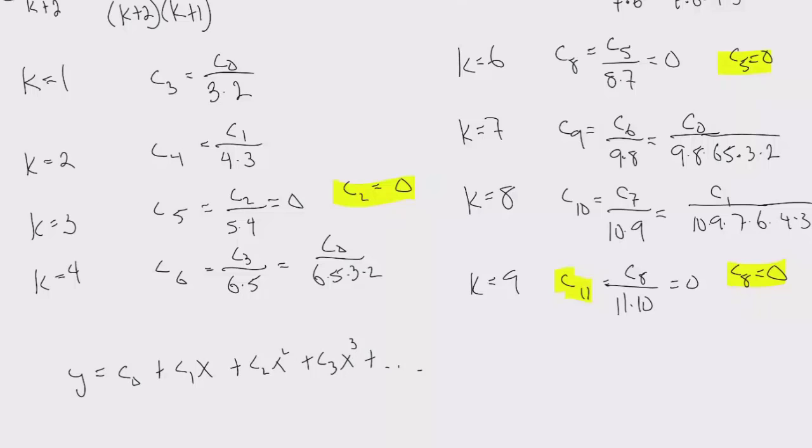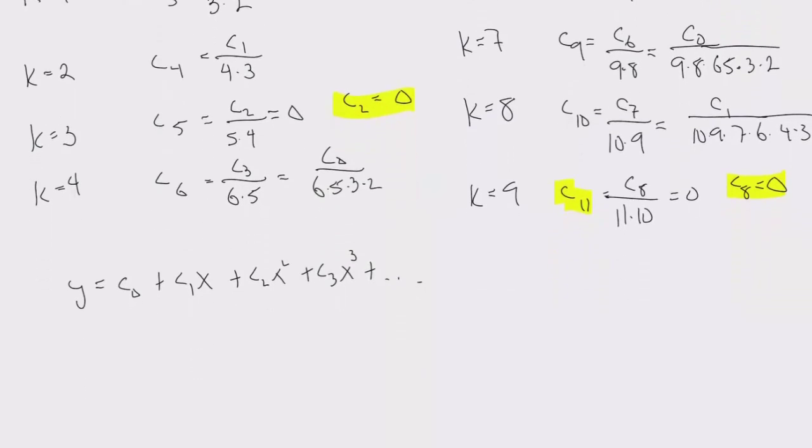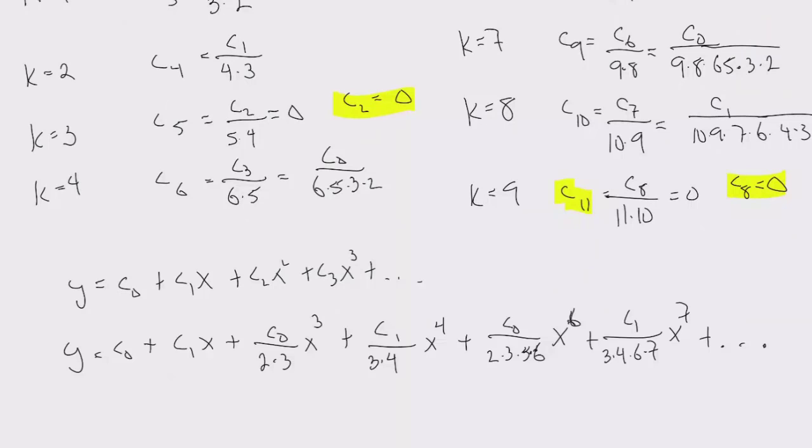And then we can go back in and collect up all these values of coefficients. Collecting them up, we recognize, oh wait, there's a pattern for C naught and a pattern for C1. So maybe we can try to collect those up.